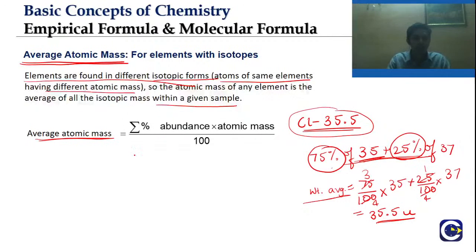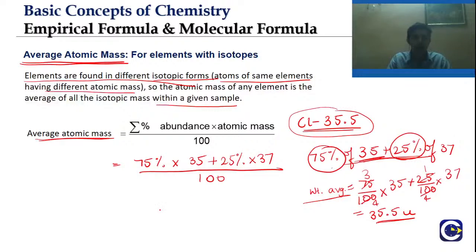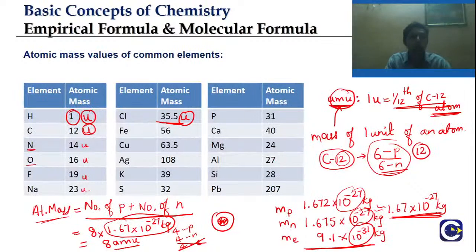So in this case, it is 75% into 35 plus 25% into 37, divided by 100, which is 35.5 U. This is why a few atoms will have decimals in their atomic masses.